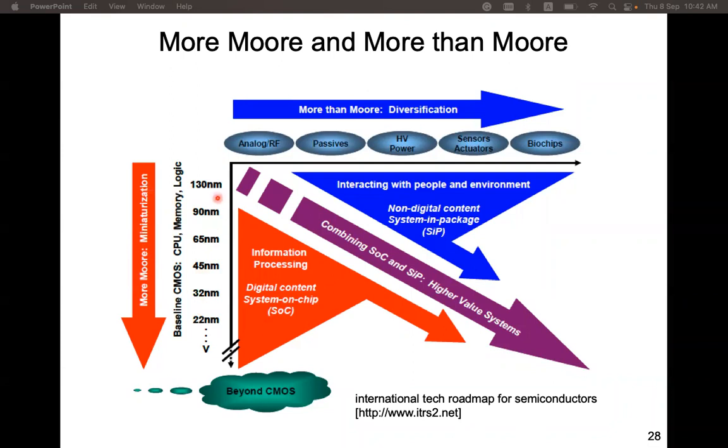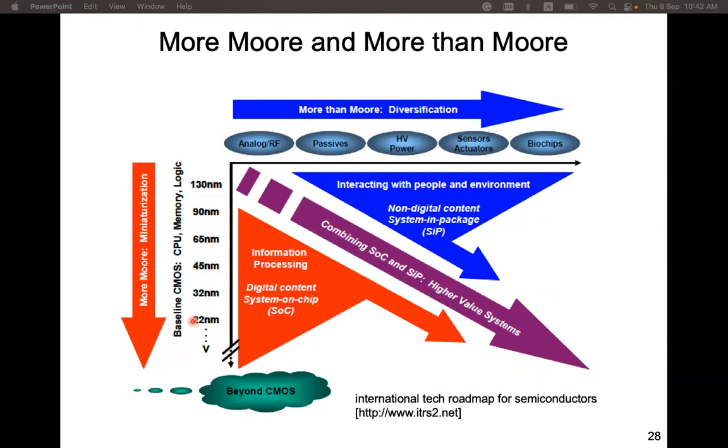The technology, transistor size, feature size shrinks from 130 nanometer to 90 nanometer, 65, 45, 32, 22. Now it's so-called 5 or 3. But we will have some clarification on the newest technology later today.